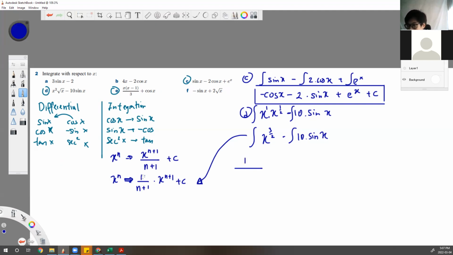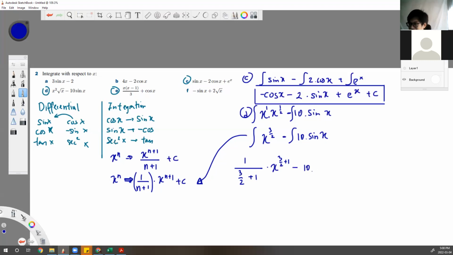We try to skip fraction inside fraction. So 3 over 2 plus 1, because this is the n, times x power 3 over 2 plus 1. Can you imagine if I put it the other way? I think it's not effective. No need to put c yet, put it on the last part.